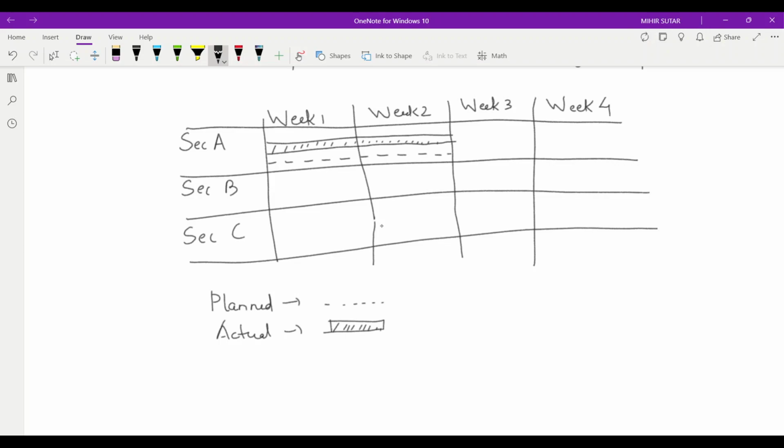Next, after completion of the work at section A, it will go to section B for further work. Suppose section B was planned from first to second week.